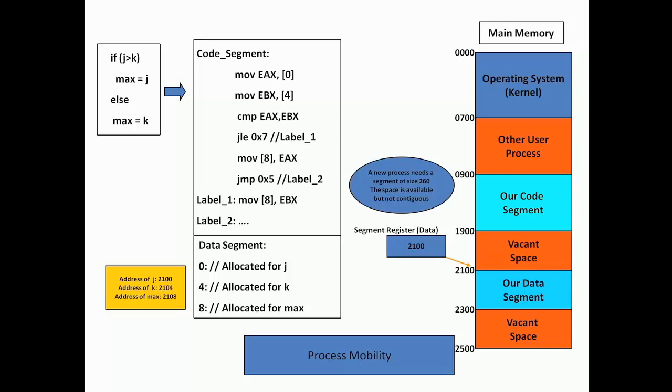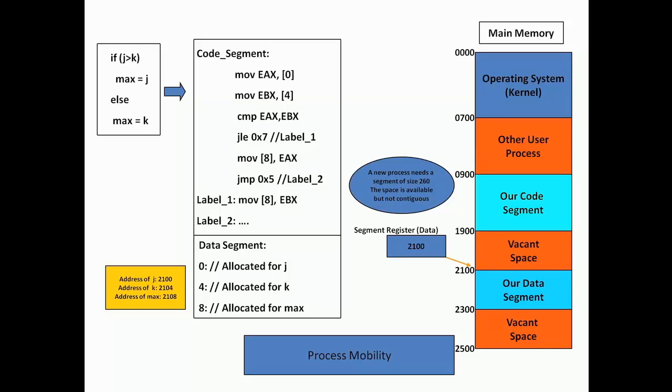There is 200 bytes in the first vacant space on the top and 200 bytes in the next vacant space. So, there is 400 bytes available and that fellow is asking only for 260, but I can't allocate it. Why can't I allocate it? Because I do not have 260 in contiguous locations, as you see in the slides. Though I have 400 bytes of vacant memory, I cannot allocate it because he needs a 260 contiguous chunk of memory.